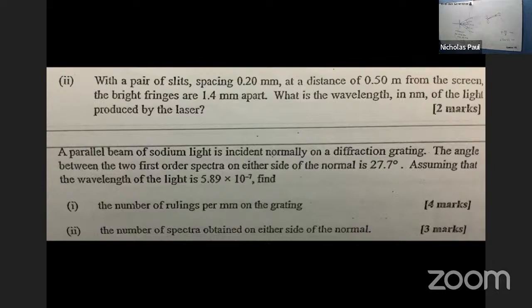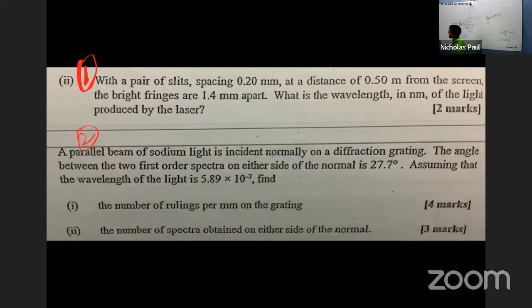So read the first one, and tell me what formula we use. This is part 1 here, this is 1 and this is 2.